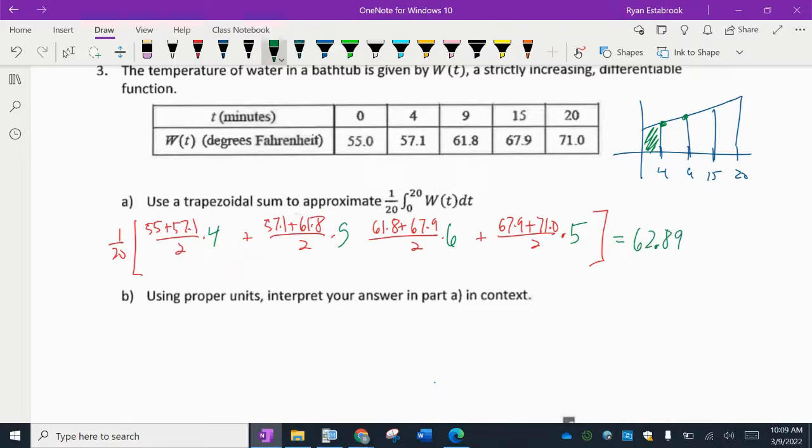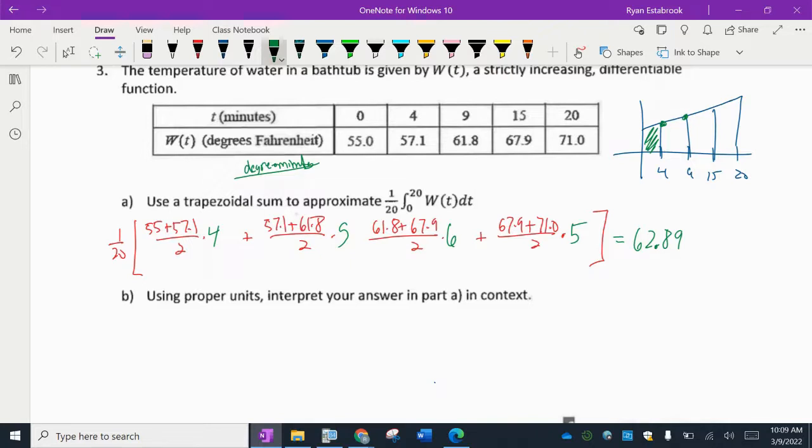So B, using proper units, interpret your answer in part A in context. So if I look at the inside of all this, this would be degree minutes. And then we're multiplying by 1 over 20. And I know that that's the case because I have all those labels. The 1 over 20, it didn't give us any units, did it?